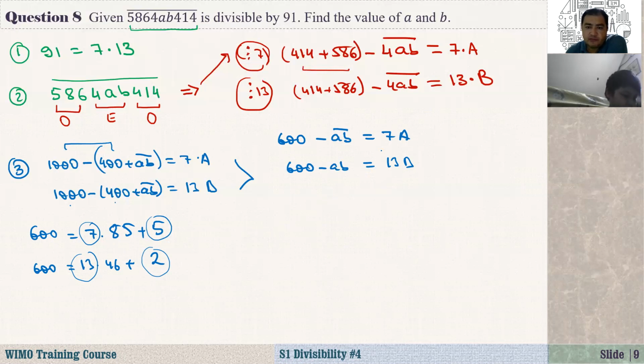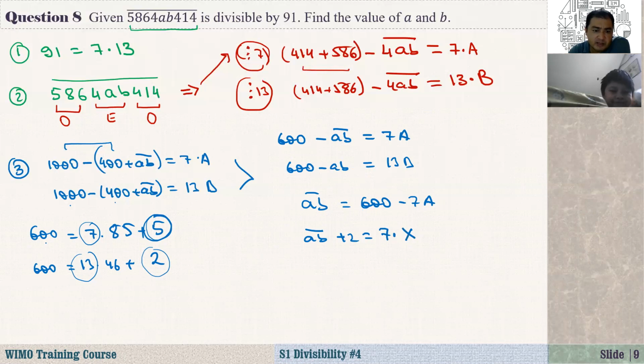So AB is equal to 600 minus 7A. If I add 2 to AB, it becomes divisible by 7, because 600 plus 2 is 602, that's divisible by 7. And how about the second one, AB, because of this 13, right?